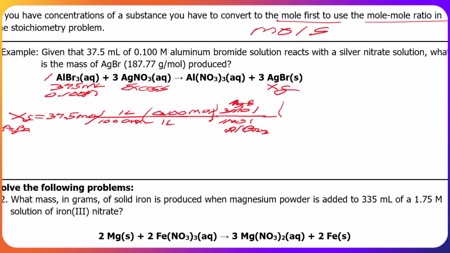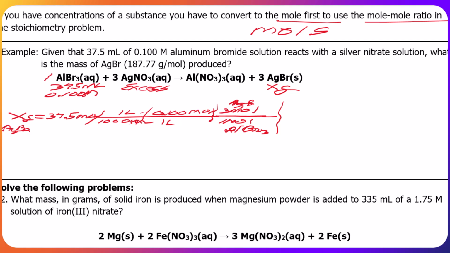Okay, so where are we? Before, we were doing grams to moles, mole to mole, and then moles to grams. Well, here we've multiplied volume times molarity. We've converted milliliters to liters, then liters times molarity, which gives us moles.